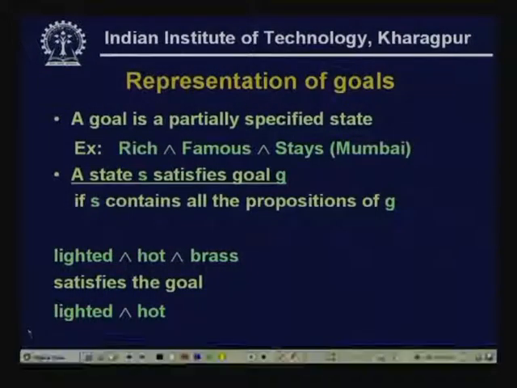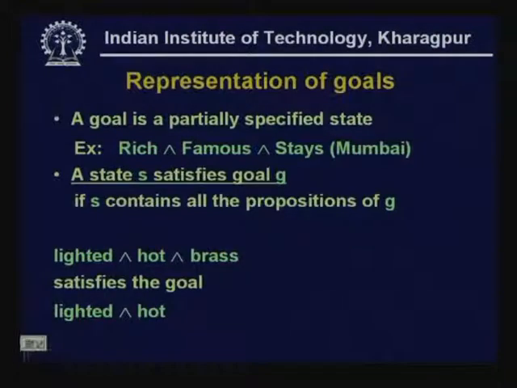We say that a state S satisfies a goal G if the state S contains all the propositions of goal G. So, suppose the description of the state S is lighted and hot and made of brass. So, this state satisfies the goal lighted and hot, because the propositions lighted and hot both occur in the state.